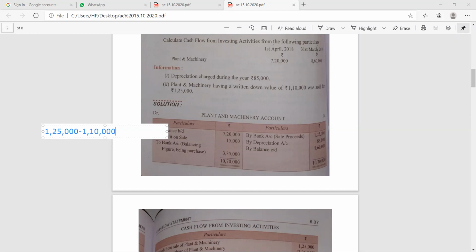Because it is given over here, the book value is 1,10,000 and 1,25,000 is the market value. 1,25,000 minus 1,10,000, 15,000 will be the profit on sale. Please mark in your books how you calculated the profit on sale.